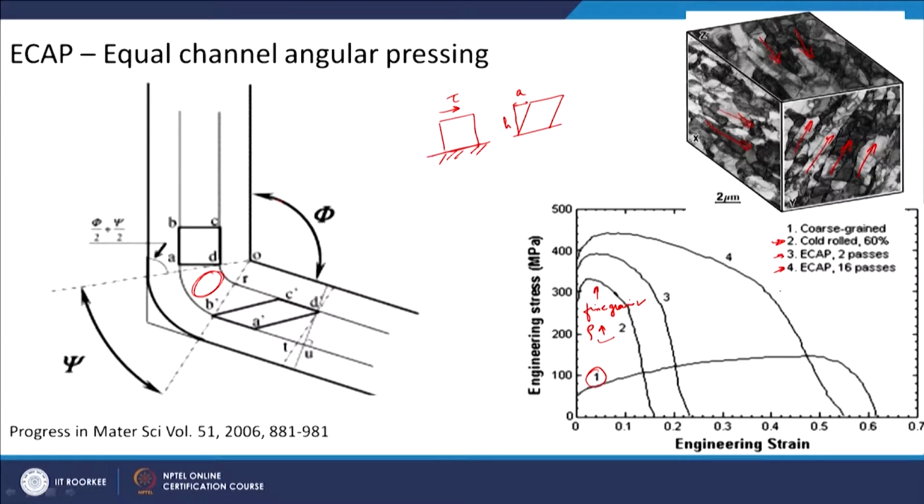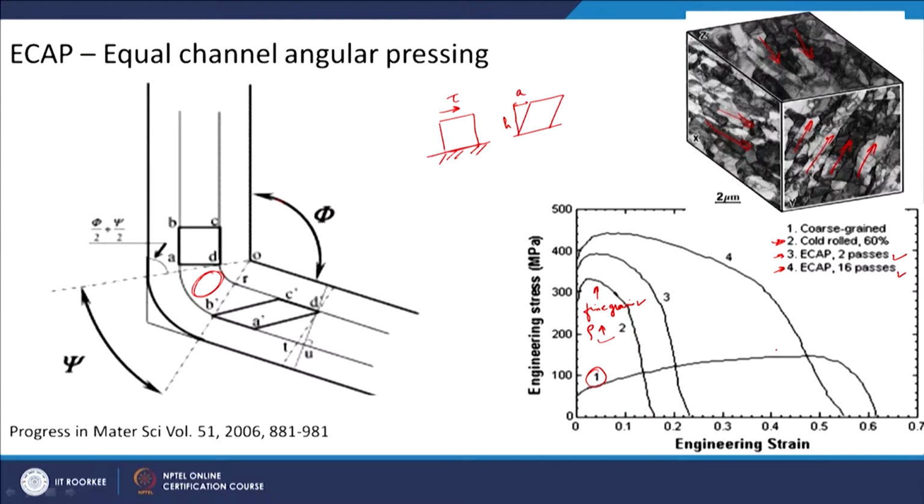Instead of cold rolling you can do this ECAP process. So, 2 passes is introduced and 16 passes are introduced. So, with 2 passes again you can see that the strength has increased, and with 16 passes again the strength has increased, and also there is a good amount of ductility in the material.